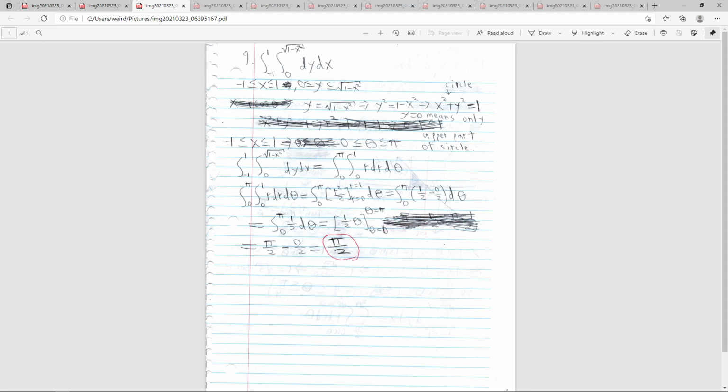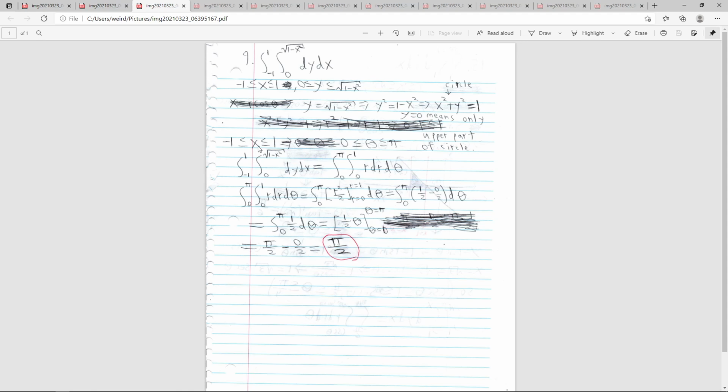So that means the x values between negative 1 and 1 imply that we have r equal to 1. But more importantly, your x value is negative and positive, and your y value is always going to be greater than 0.